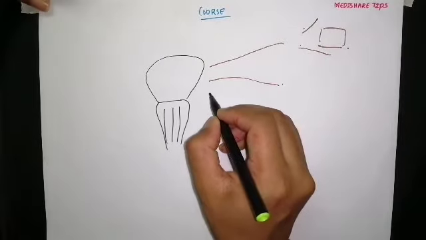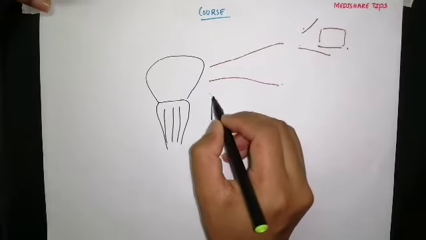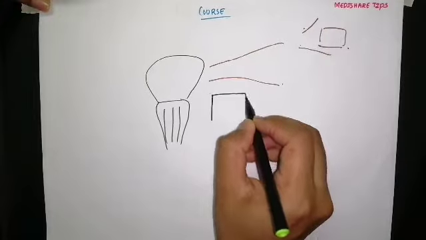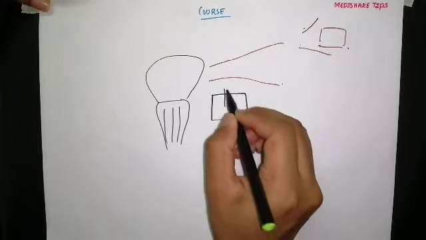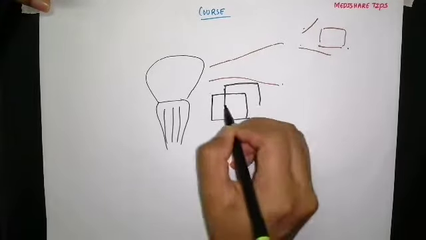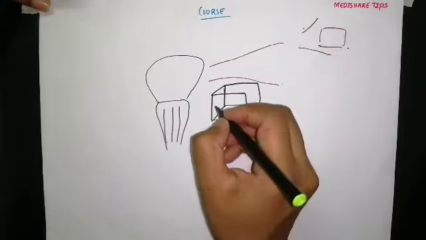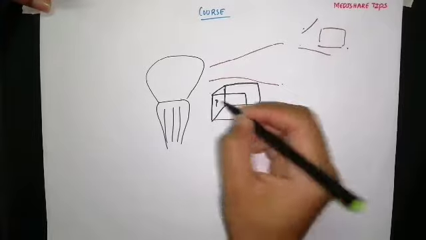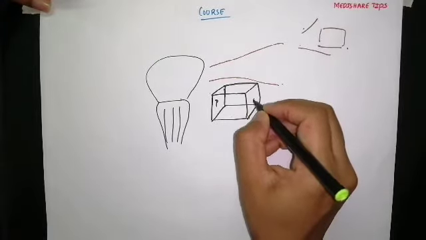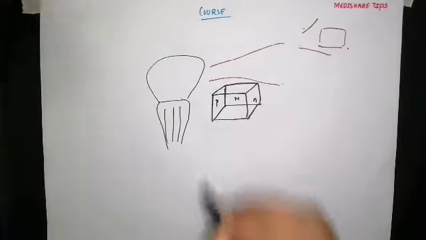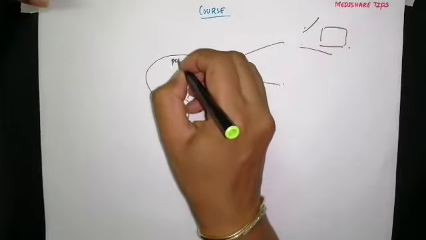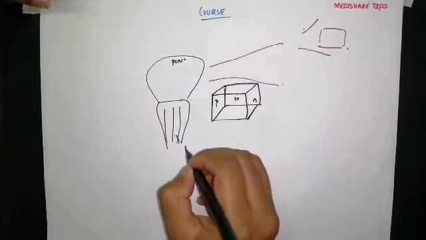This is the medullary cavity. So this is the posterior wall, this is the anterior wall, this is the medial wall of the medulla. So this is the pons and this is the medulla.